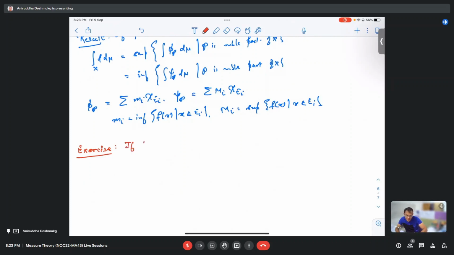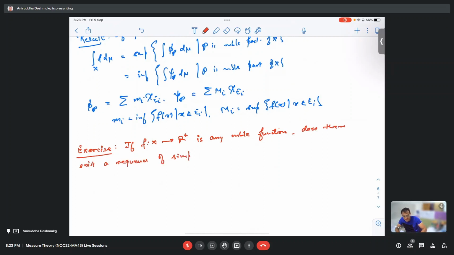If f from X to R or R star is any function, or any measurable function for that matter, does there exist a sequence of simple functions s_n from X to R star such that s_n is bigger than or equal to f and s_n converges to f pointwise, or rather, a decreasing sequence I want.